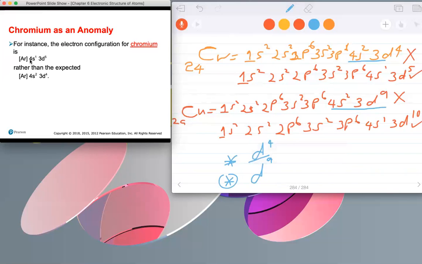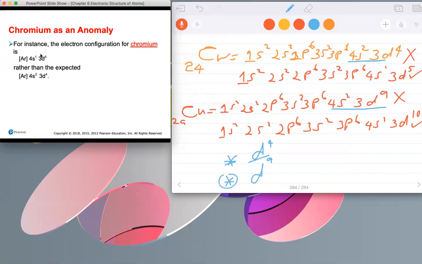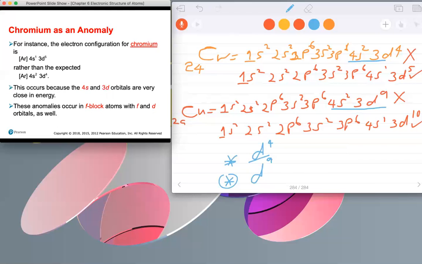When you look at chromium, you'd expect this, but we go to this because it was d4. Wherever I end up with d4, promoting one electron will work fine. Copper is another example.